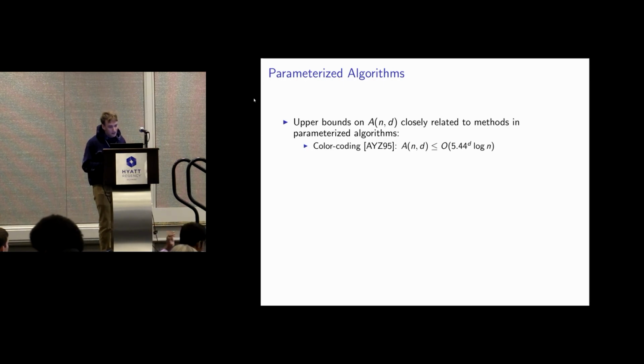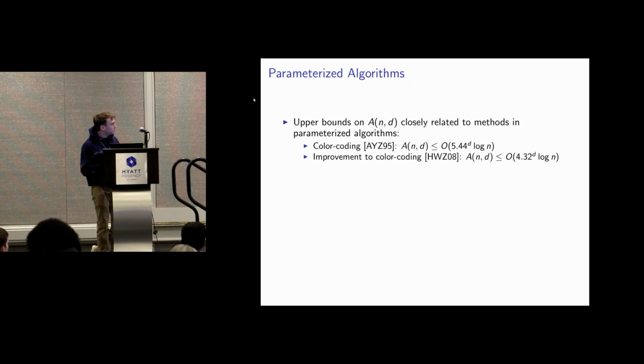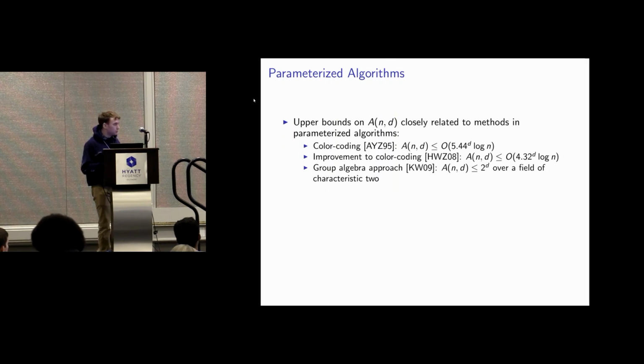There was a subsequent improvement to color coding, which can be translated as saying that this quantity is at most 4.32 to the d times log n. And there's this group algebra approach that's widely used in parameterized algorithms, which really is just saying that when you define this quantity over a field of characteristic 2, it can be bounded by 2 to the d.